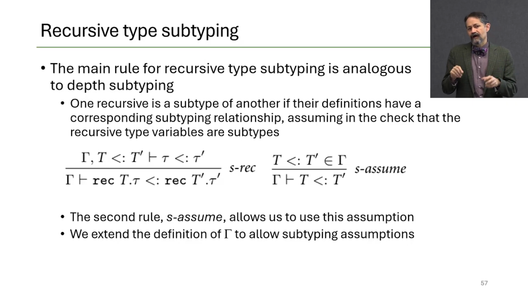And so it's sound to sort of assume that when we're checking the right-hand side, because if the check fails, that's the only situation where it won't be true. So we technically need a second rule, which allows us to use this assumption that T is a subtype of T prime in gamma, when we're looking at the right-hand side to make sure that they're subtypes.